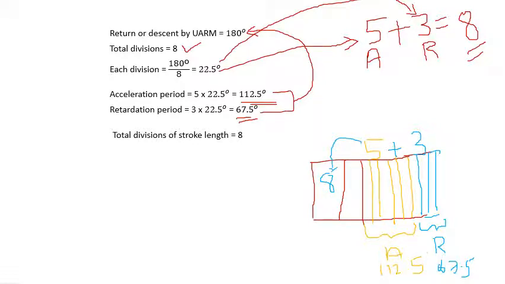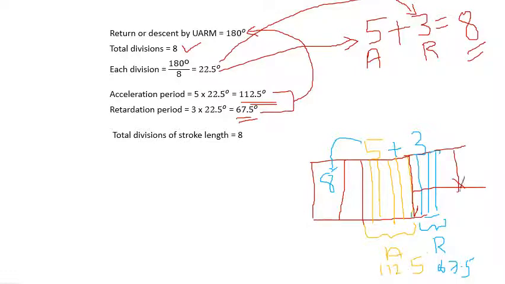Clear? Once this is over, since this is UARM, we have to identify the middle line where the transition takes place from acceleration to retardation. So this is the middle line. We have to divide this line again into 8 equal parts. But here also acceleration and retardation terms will come.